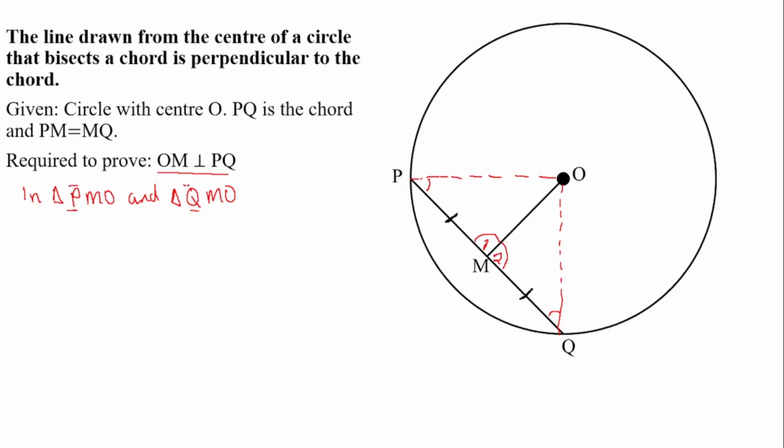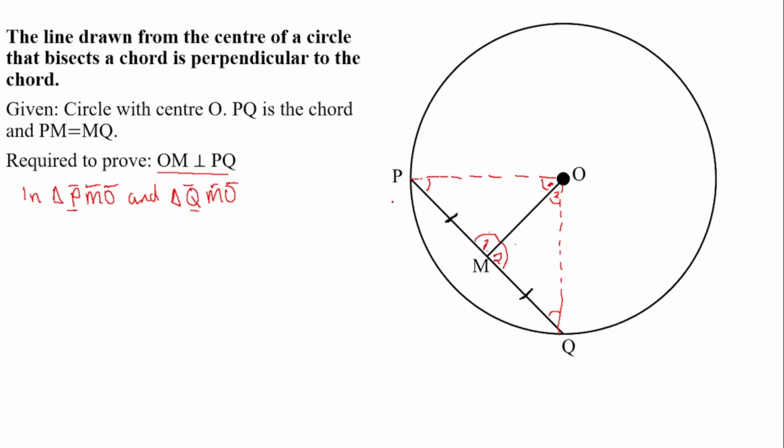P with Q, and then M with M. That is M1 and M2. You can also say O1 and O2 here, right? O going with O there, right? And then we want to prove that angle M1 is equal to 90 degrees and angle M2 is equal to 90 degrees. So like we said, we're going to use congruency.